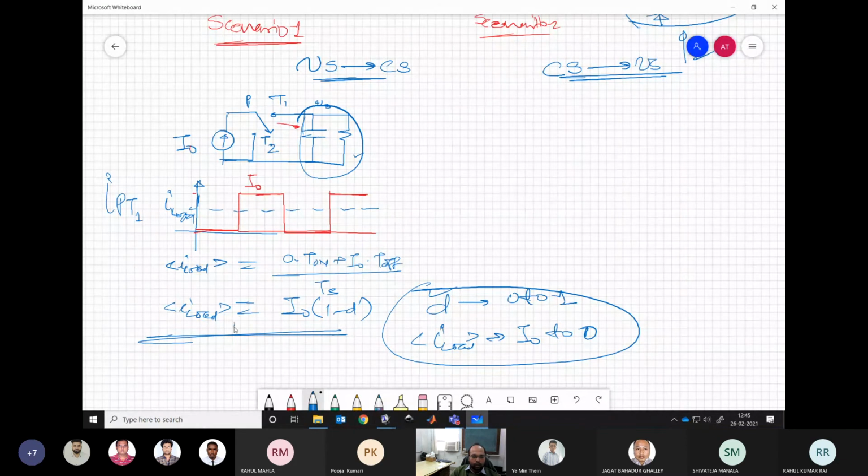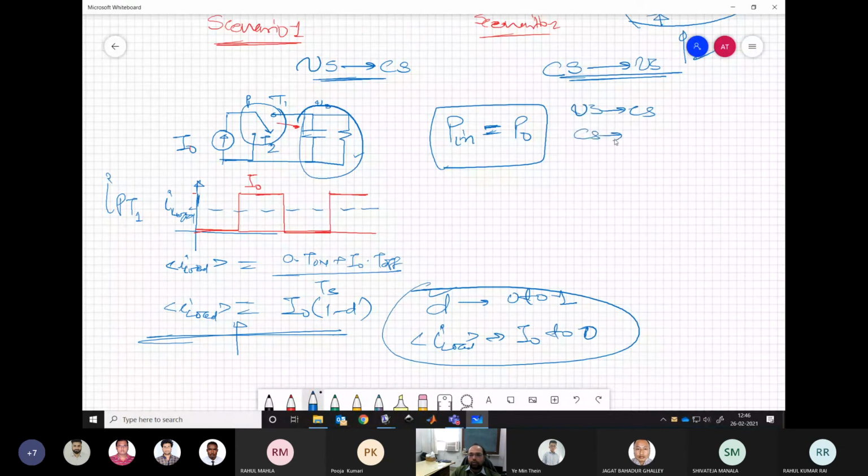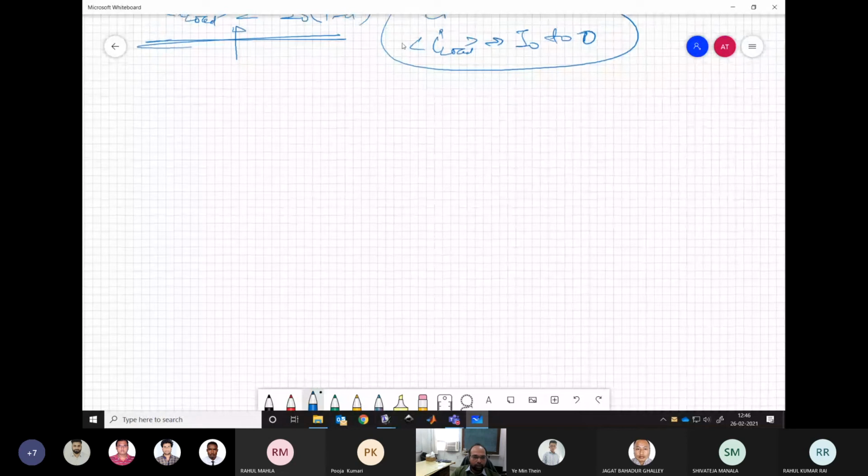Now, we have seen that any other intermediate component is actually not dissipating power, which means power input is equal to power output, which is true for both the previous converter, voltage source to current source, and for this one, current source to voltage source. So if this is true, let us compare both the converters. In one case we have voltage source to current source, and in the second case we have current source to voltage source.